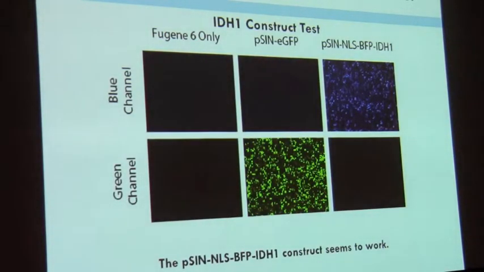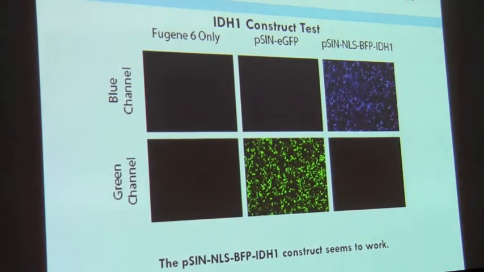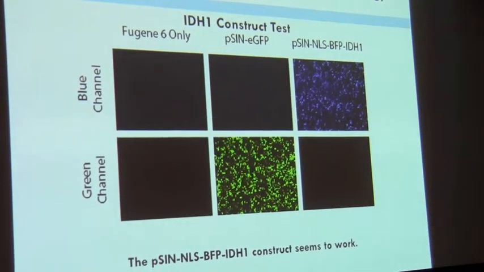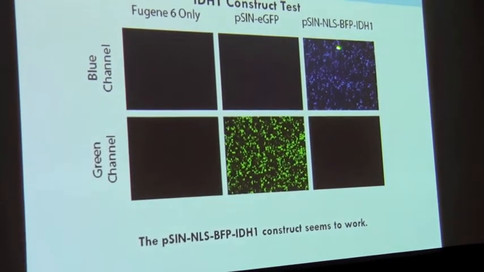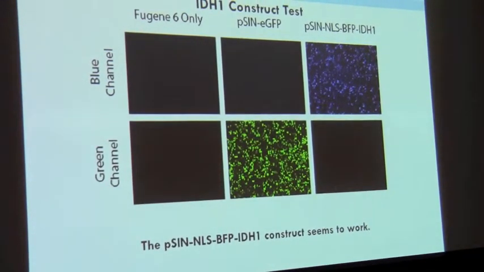A third experiment we did was creating IDH overexpression constructs, and sequence results for our IDH1 overexpression construct came out with a match, so we further tested it for blue fluorescence, because the backbone we used had a blue fluorescent protein in it.